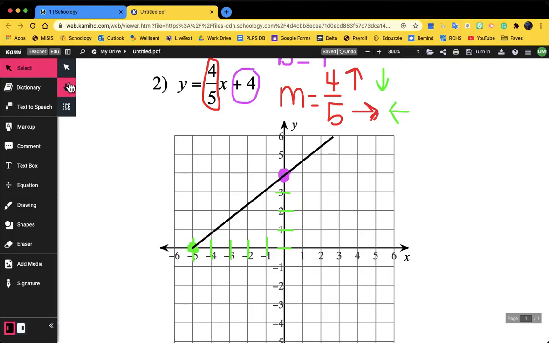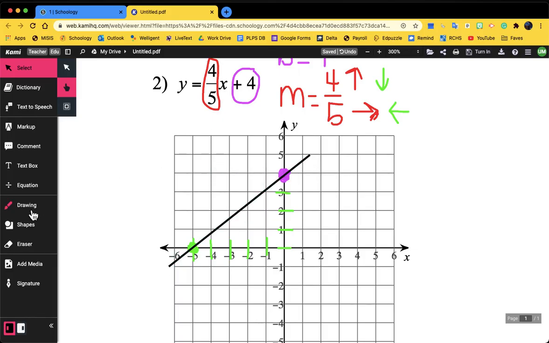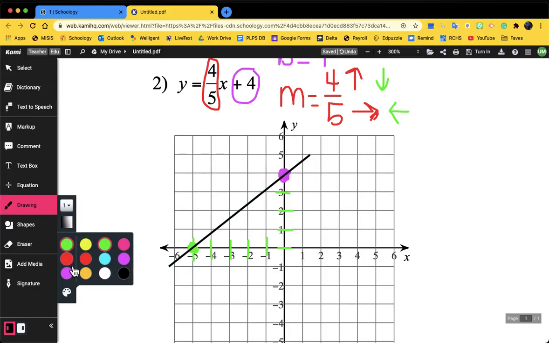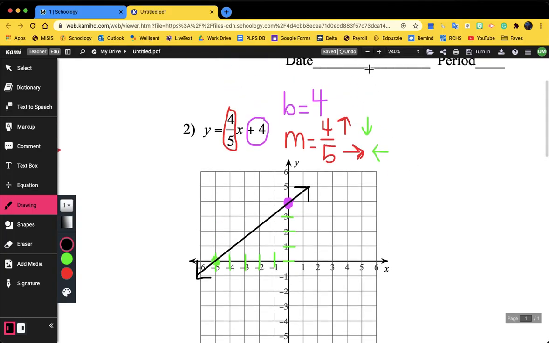I'm going to go to Select, I'm going to go to the Hand tool, and I'm going to come over here and click on the line, and I'm going to make it go all the way through both. And I'm going to go back to Drawing, and I'm going to pick black, and I'm going to draw my arrows. Arrow, arrow, arrow, arrow. And there, kiddos, is my number 2.